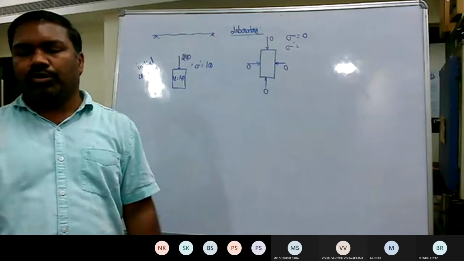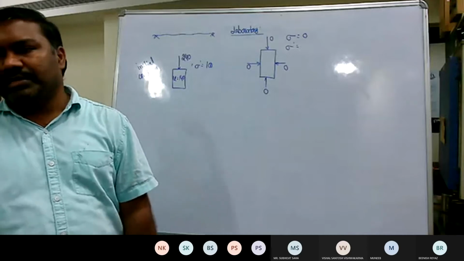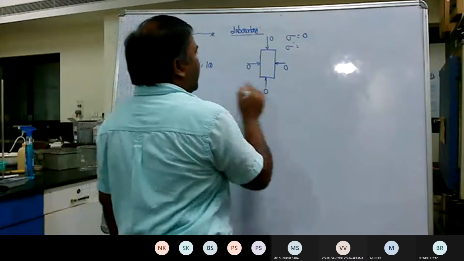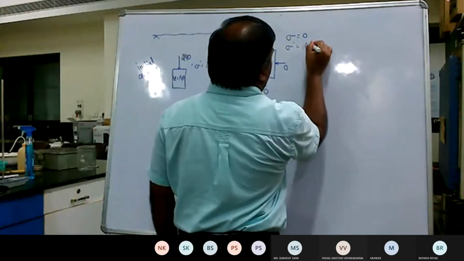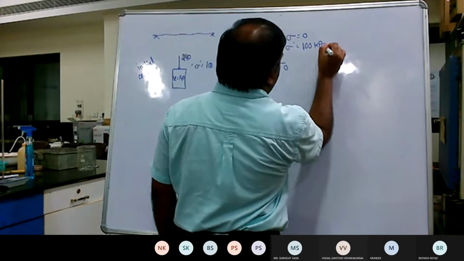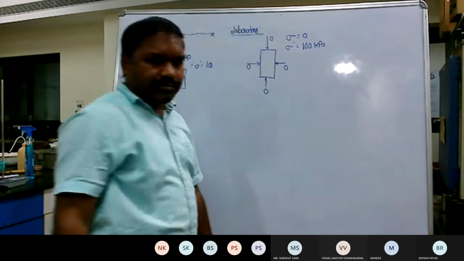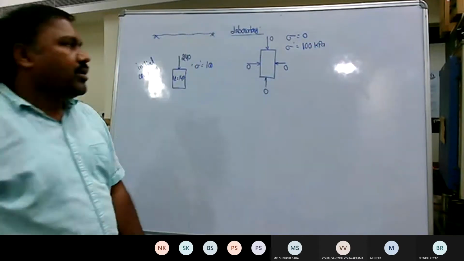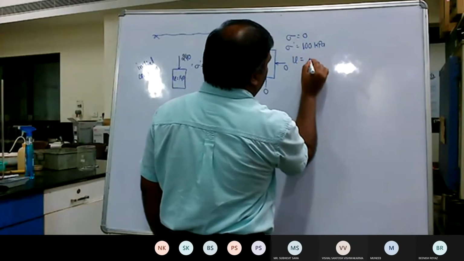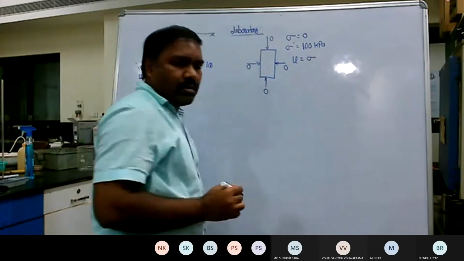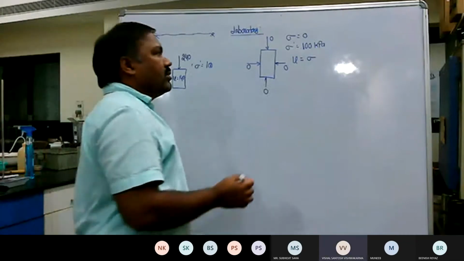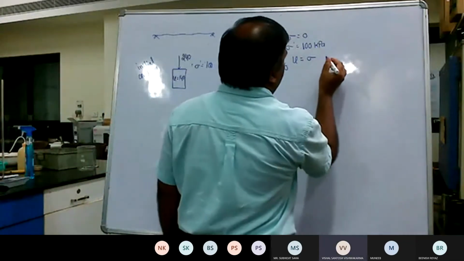Okay, so no change in volume means your sigma dash is retained as it is. So what was the initial sigma dash? 100 kilopascals. So the same 100 kilopascals is retained as it is. All right. So now what will happen to the pore water pressure? Minus 100 kilopascal.